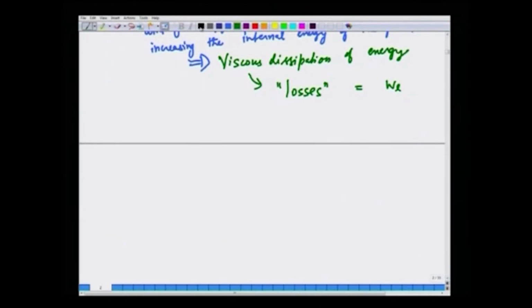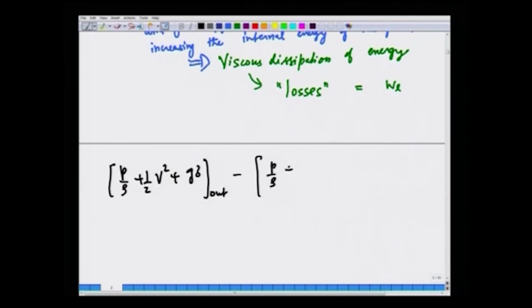So, you rewrite your simplified energy equation as P by rho plus half V squared plus gz at outlet minus P by rho plus half V squared plus gz at the inlet is minus W shaft minus W losses. This is the viscous dissipation of energy, which implies that energy is transferred from macroscopic forms like work to internal energy.